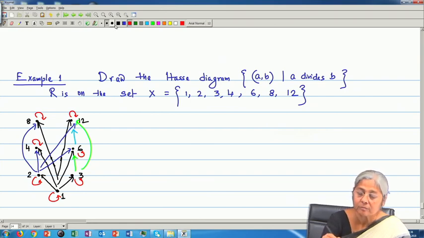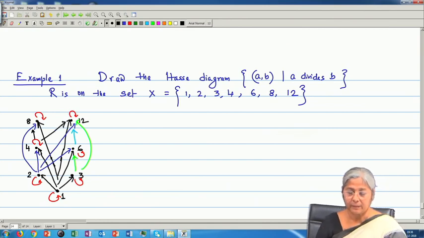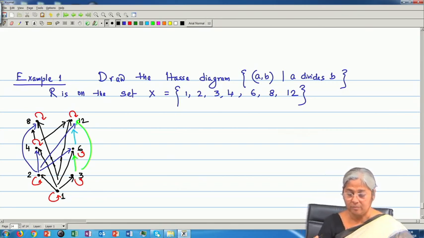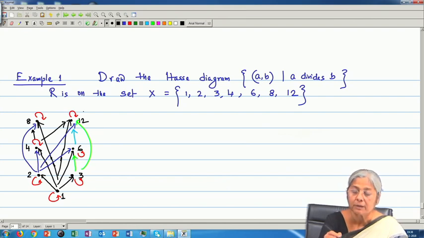Okay. So, 4 divides 8, 4 divides 12, but 8 does not divide 12, only 8 divides 8, 12 divides 12. So, this is my digraph.